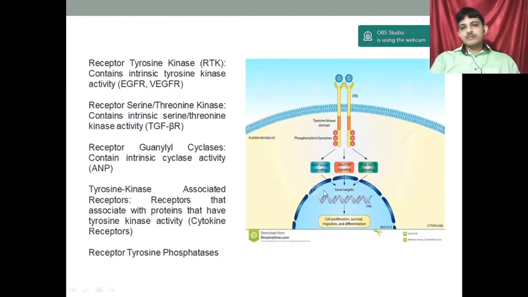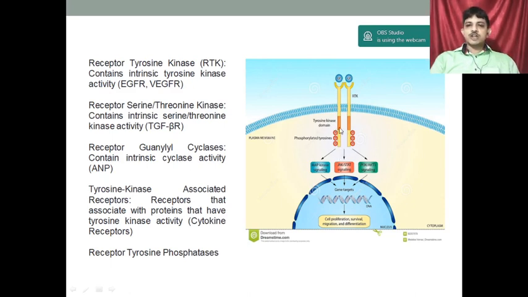Now, for example, in this particular receptor, we can find an extracellular domain and an intracellular domain. This is the tyrosine molecule.